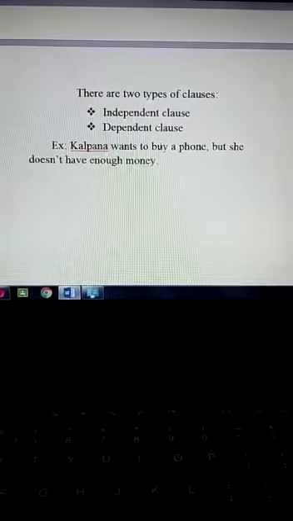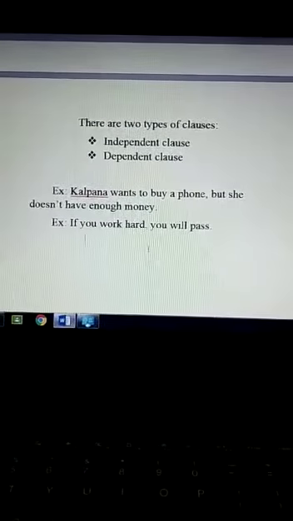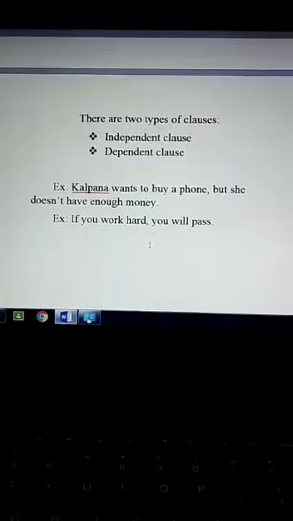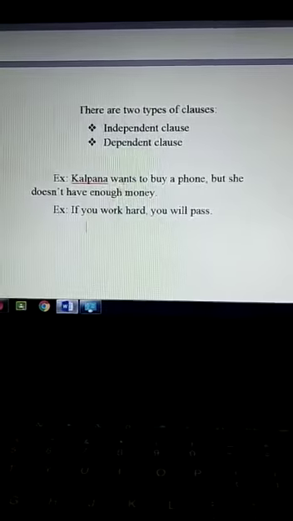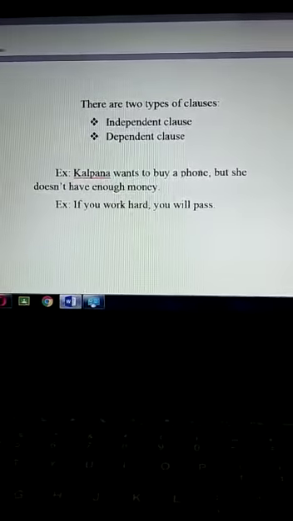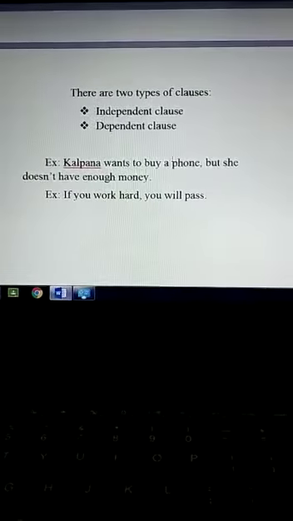What is an independent clause? Even if it stands alone, it gives meaning. You see the first example. Kalpana wants to buy a phone, but she doesn't have enough money. Here, Kalpana wants to buy a phone is an independent clause, but she doesn't have enough money, that is also an independent clause.